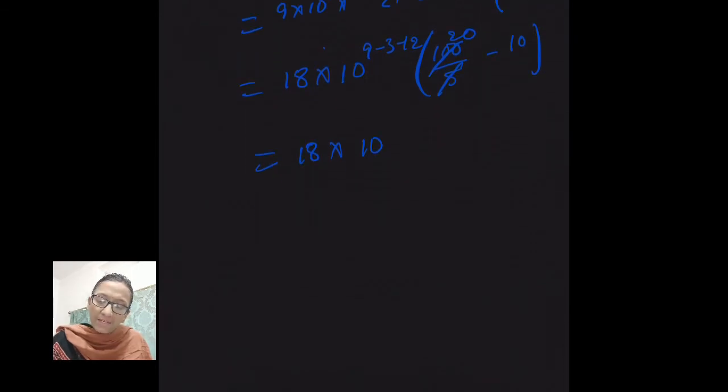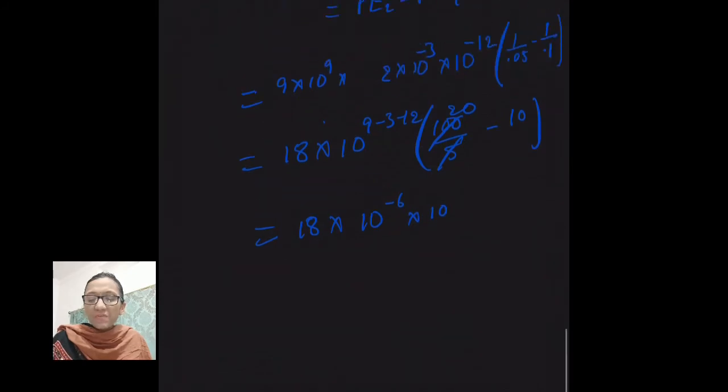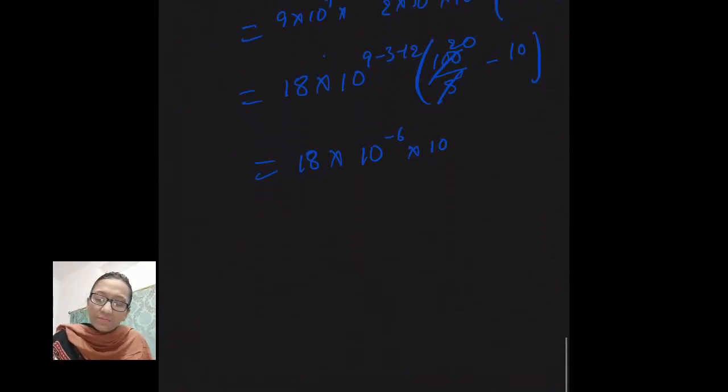So 18 into 10 power minus 15 plus 9, so this is minus 6 into 10, and this is potential energy, so in joule only.